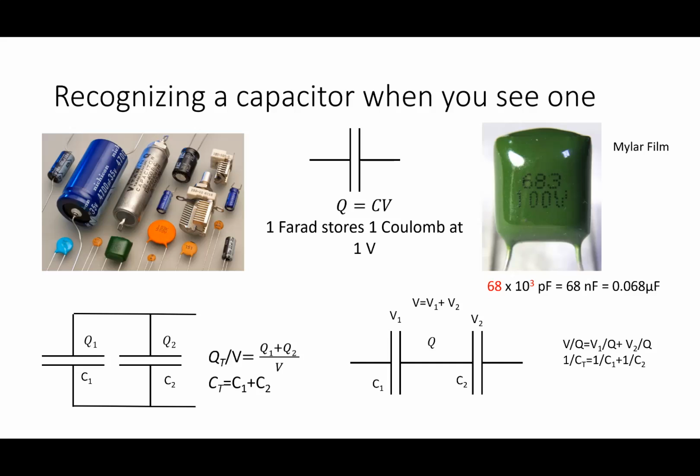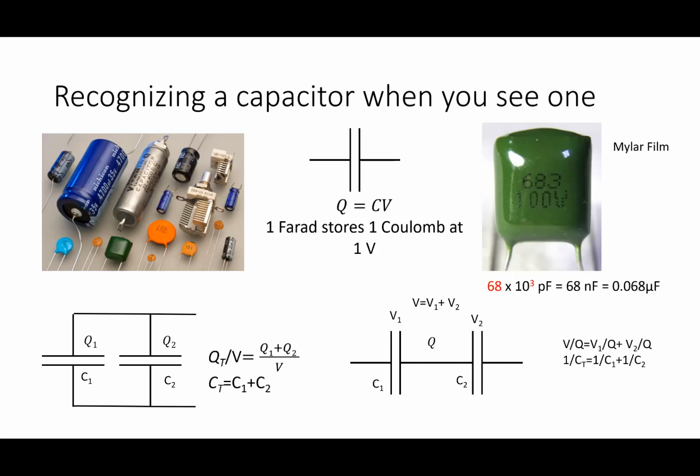There's an intense electric field. And so the terminal that is connected to the source of positive charge attracts negative charges in the opposite plate. And then if you have no way of discharging the capacitance, that charge will just sit there. So a capacitance of 1 farad stores 1 coulomb at 1 volt.